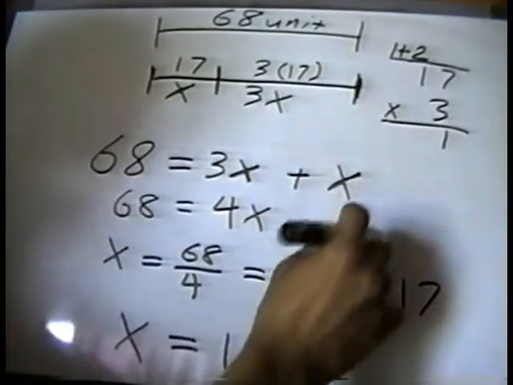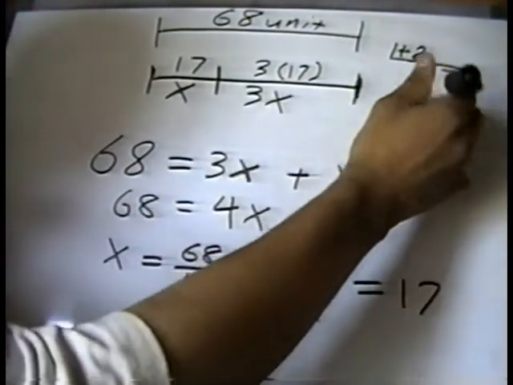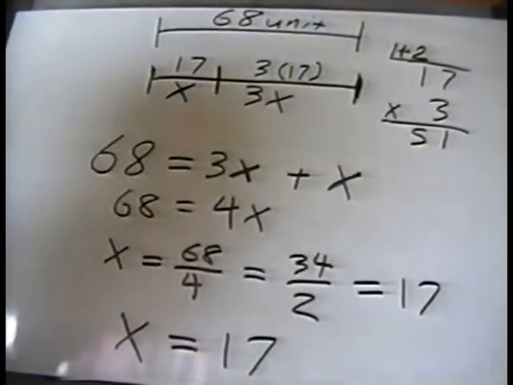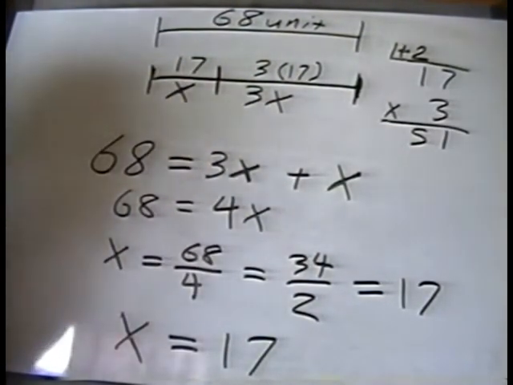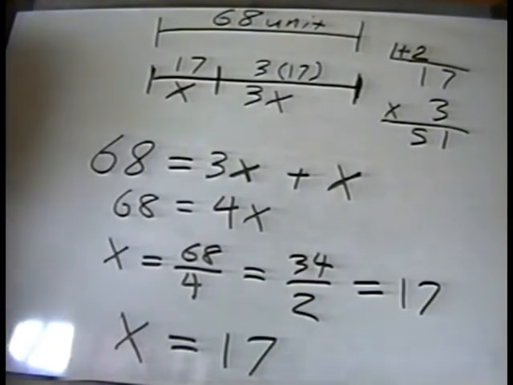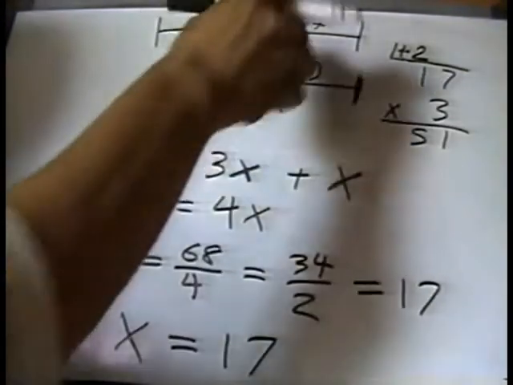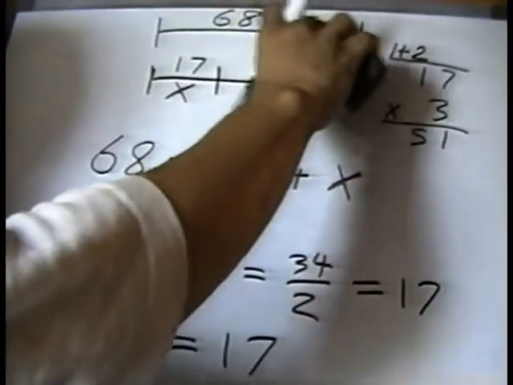Now we multiply. 3 times 7 is 21. 3 times 1 is 3, plus 2 is 5.